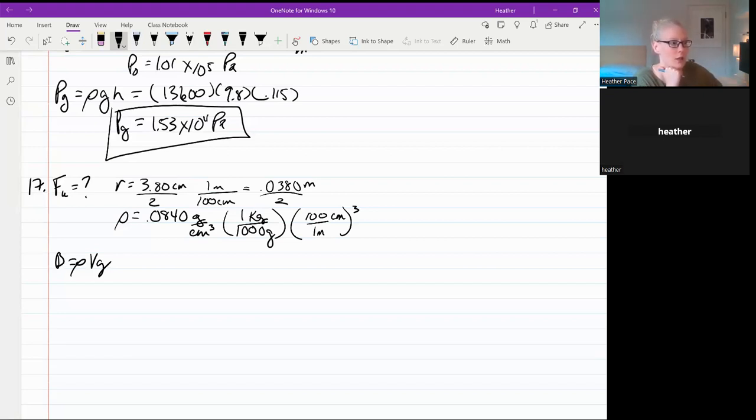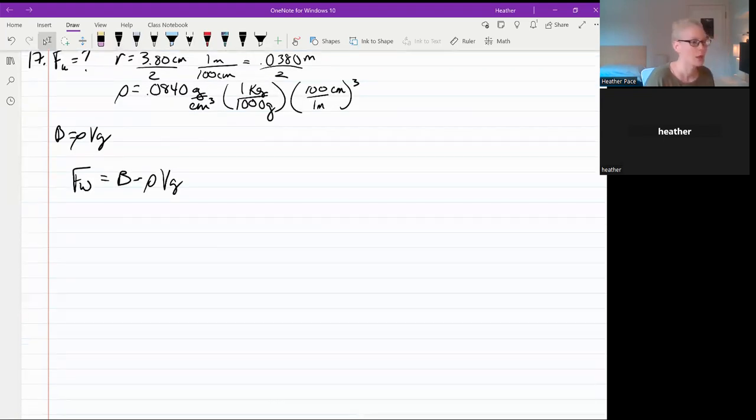So we've got F of water is going to equal B minus rho V g, where this is of water, this is of the tennis ball.